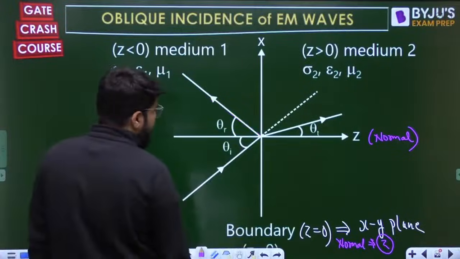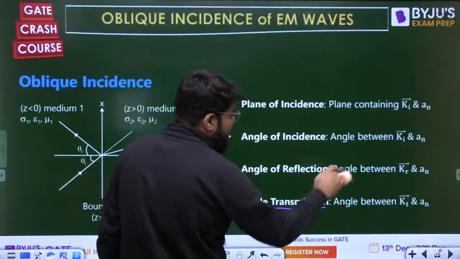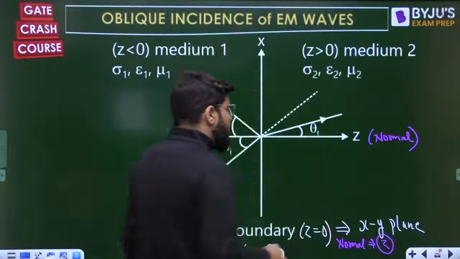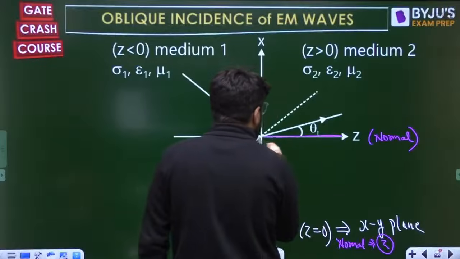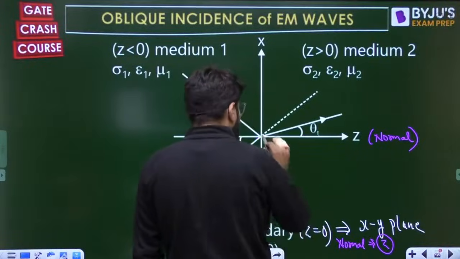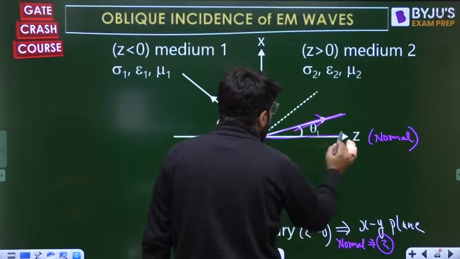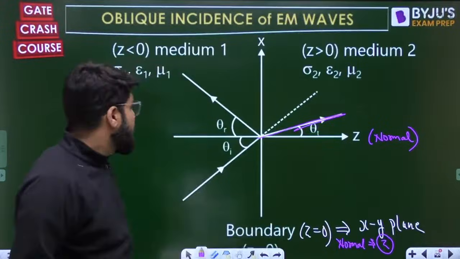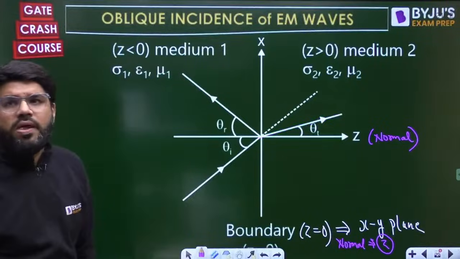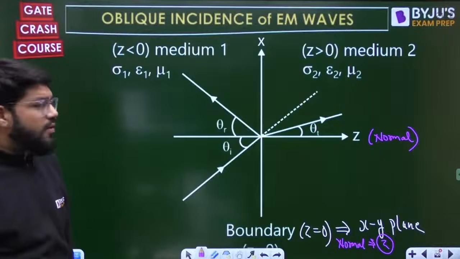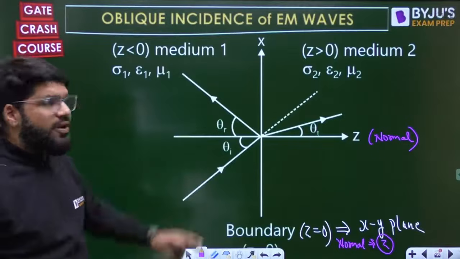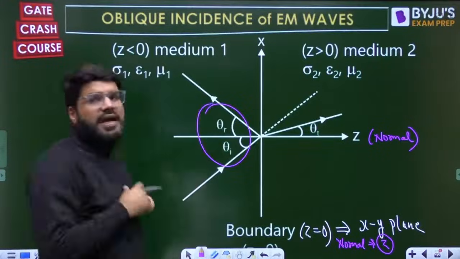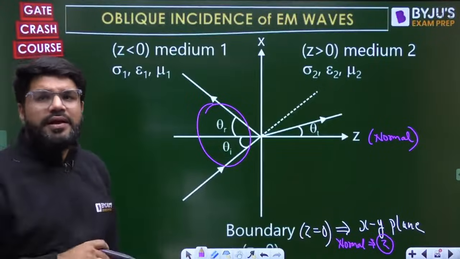And similarly, we have the angle of transmission. What is the angle that the transmitted wave, going into medium number 2, makes with the normal to the boundary? That is known as theta t. Whatever may be the medium, the basic law of optics says that the angle of reflection is always equal to the angle of incidence.